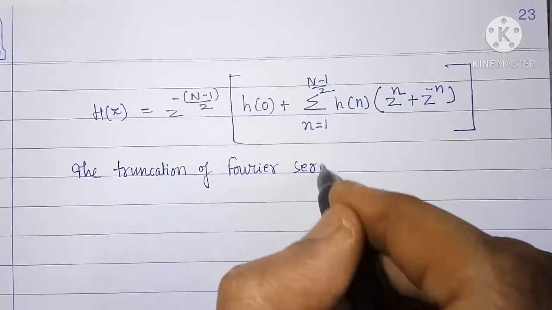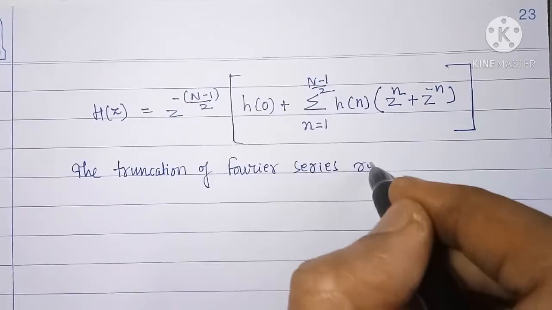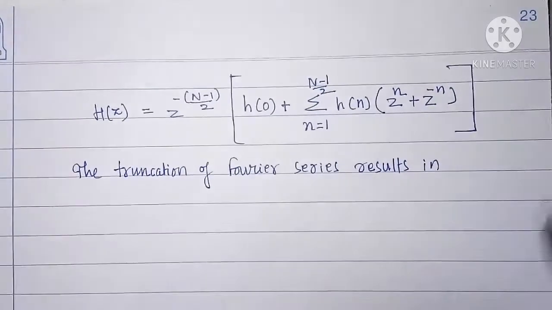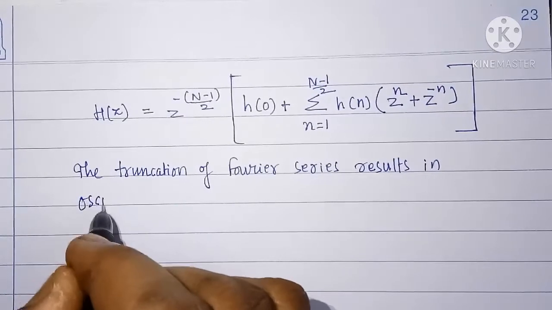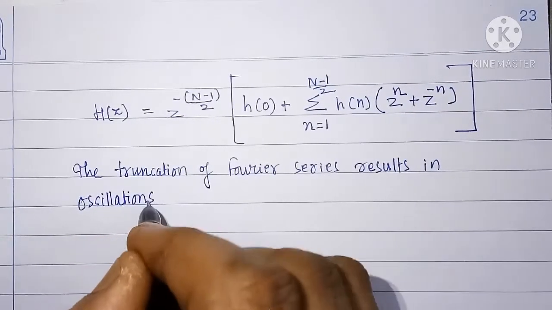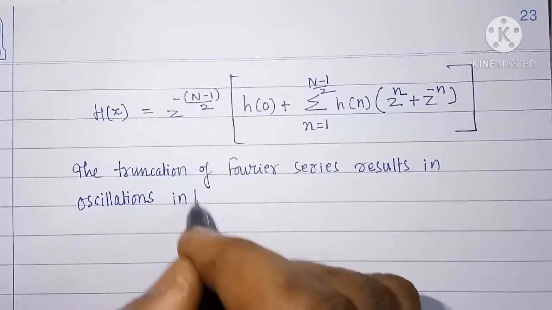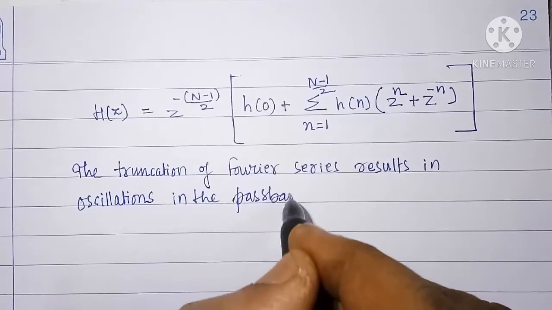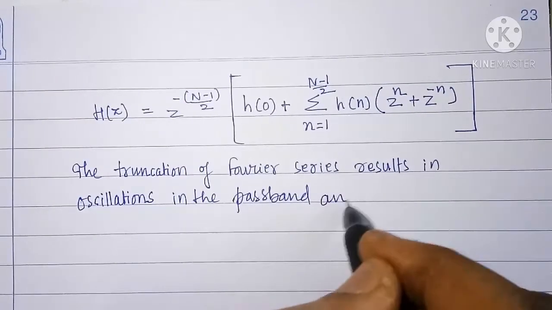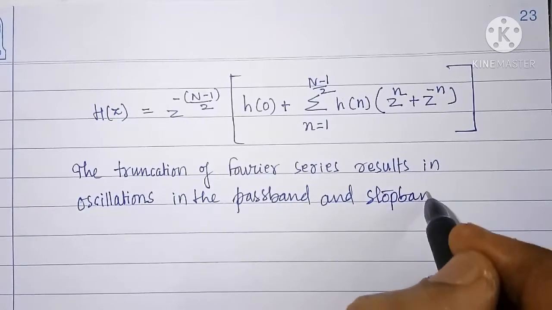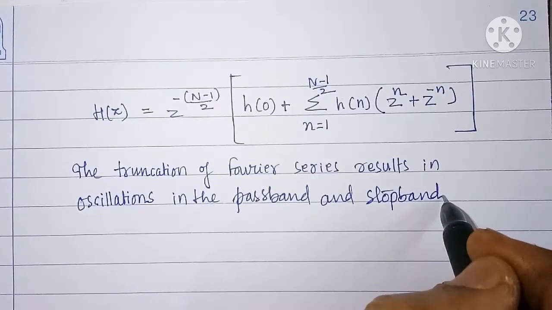Fourier series results in oscillations in the passband and stopband.